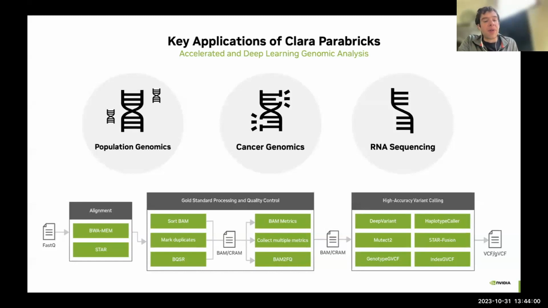Once those BAM files are generated, we collect metrics, and you can even convert those BAMs back to FASTQ, all GPU accelerated. And on the variant calling side, we've got HaplotypeCaller, which is from GATK. We've got DeepVariant. We've got MuTect2 and STAR-Fusion for the RNA pipeline.